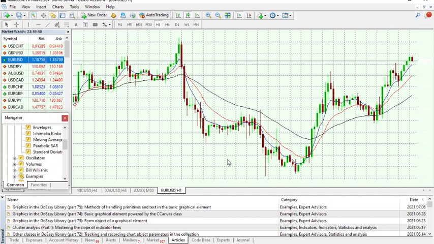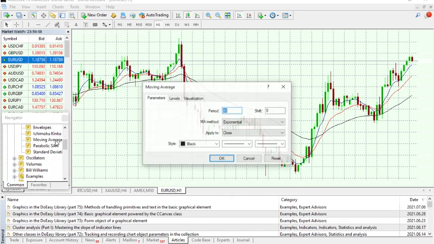Okay, now one more moving average for the short term. It's your 9 moving average. Let's fix the 9 moving average.